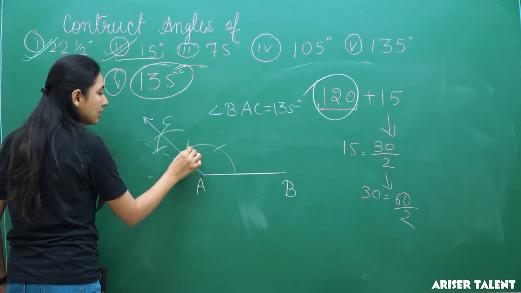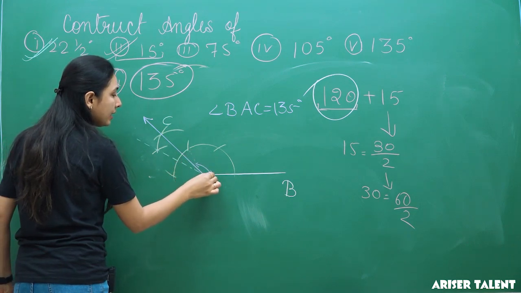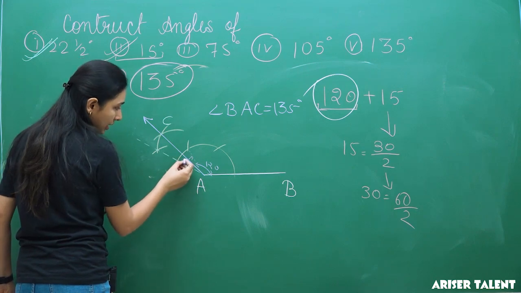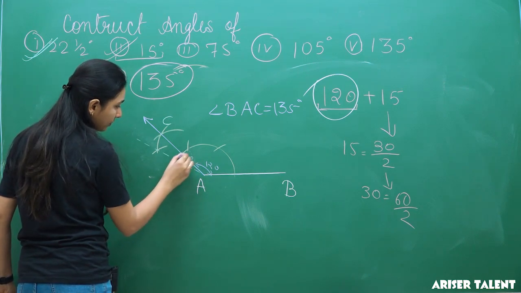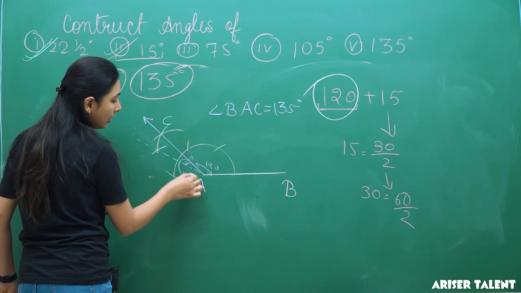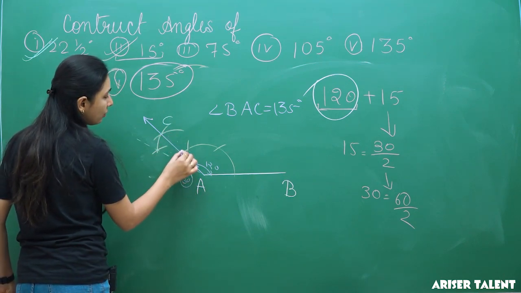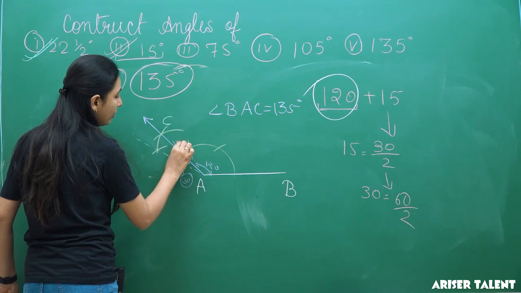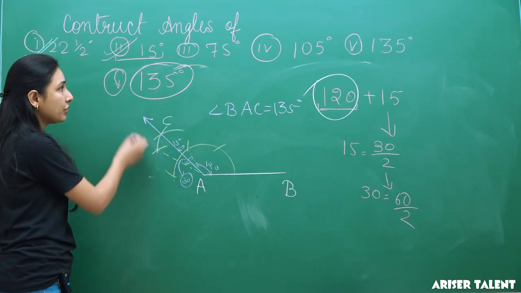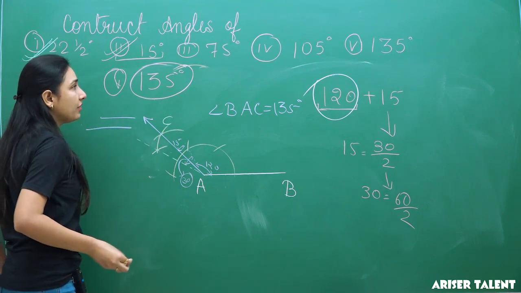How? Because this will be the 120 degree, and after that this will be 30 degree, and half of 30 degrees is 15 degree. So 15 plus 120 is 135. So here we make a 135 degree angle.